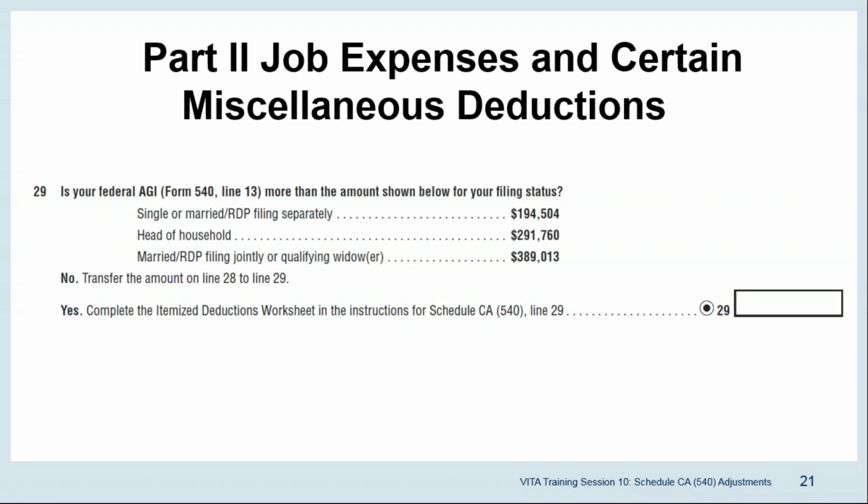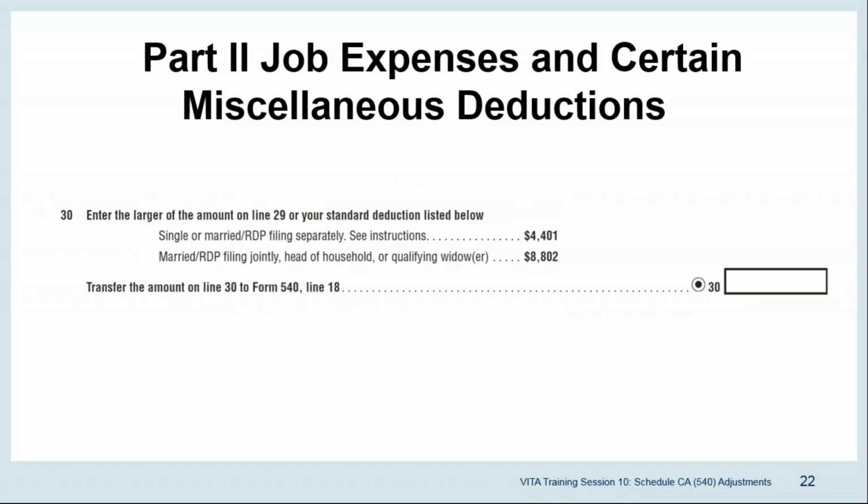Married RDP filing jointly, $389,013. If it is not, transfer the amount on line 28 of your Schedule CA 540 to line 29. If it is, complete the itemized deduction worksheet located in the instructions of the Schedule CA 540, line 29. This information should automatically flow from the entries made in the federal section of TaxSlayer.